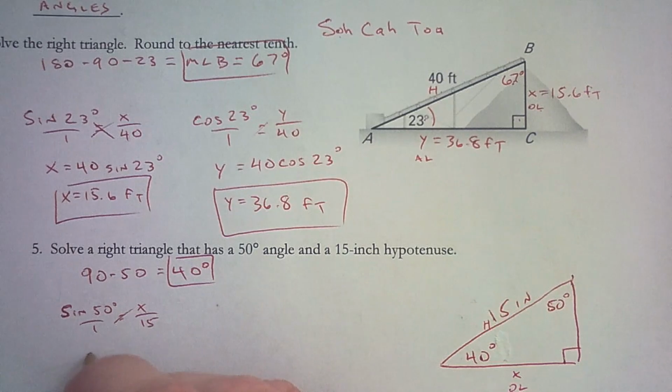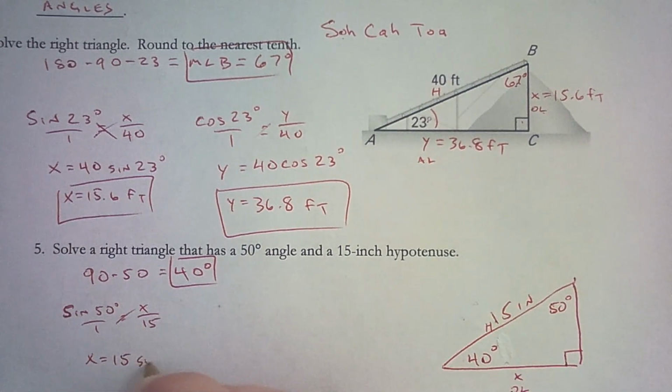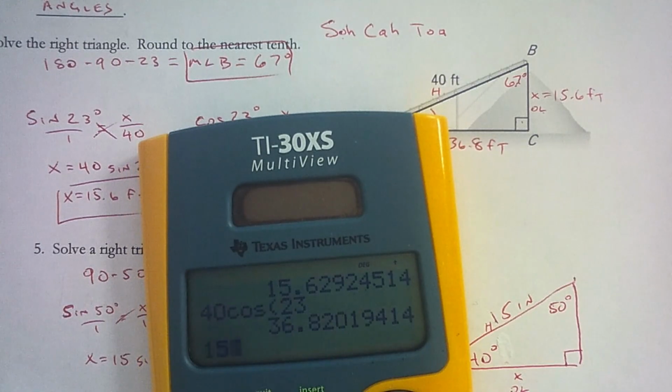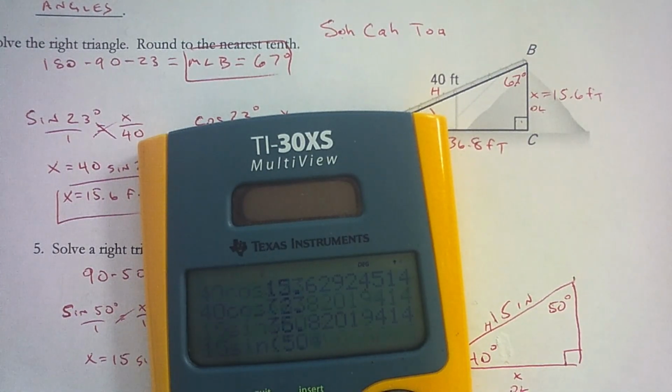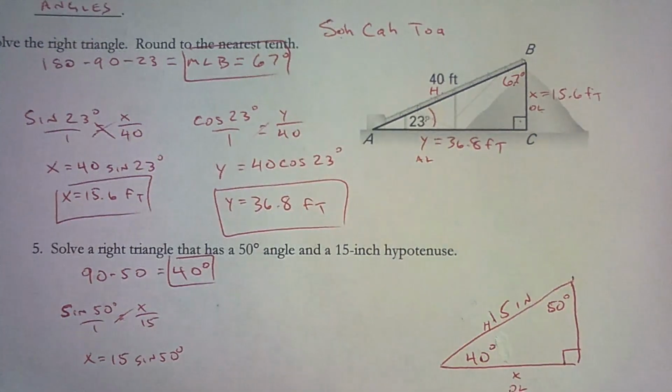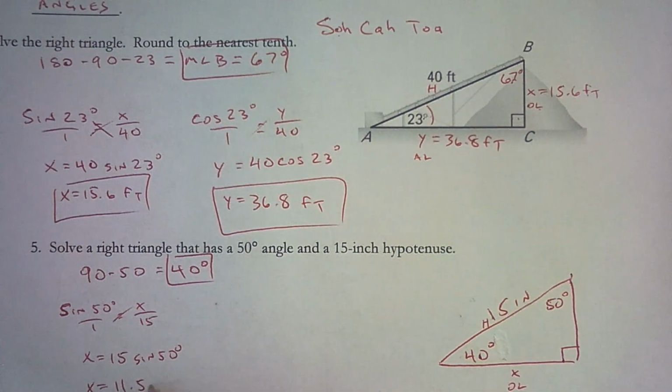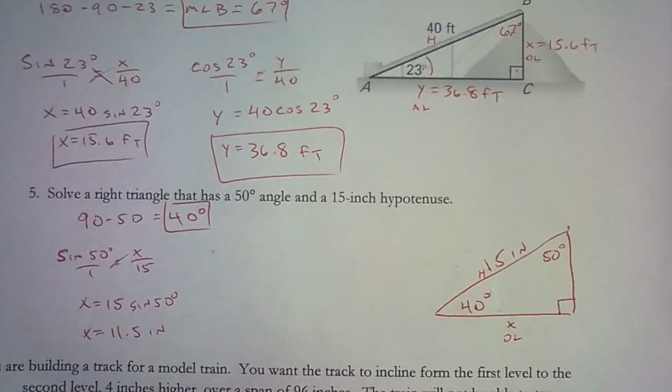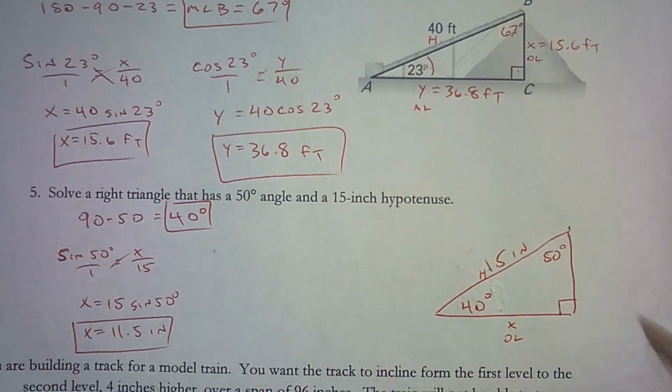Okay, so our cross products are 1x and 15 times sine 50 degrees. Okay, so 15 times sine 50 is 11.5. So x is 11.5, and this is in inches.